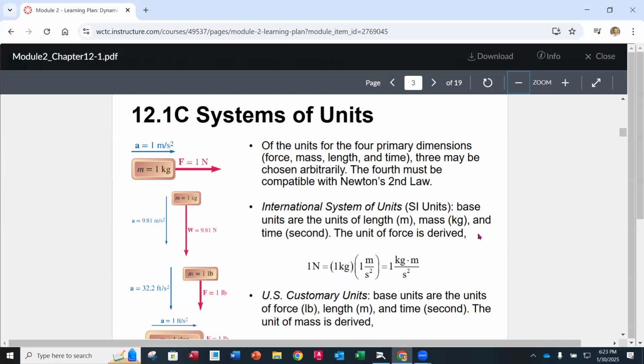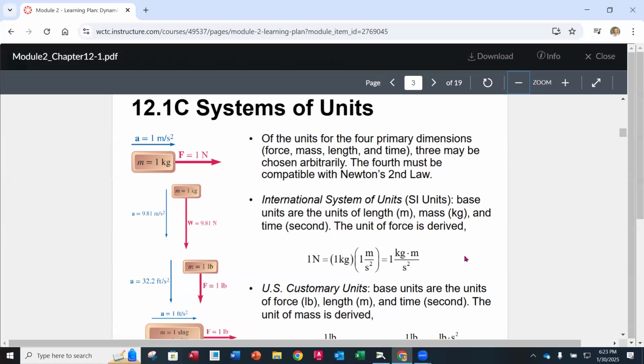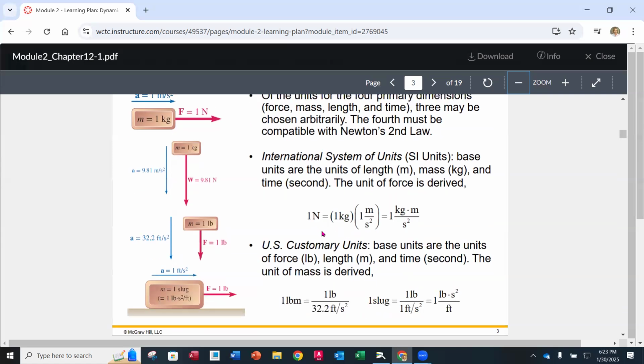So depending on how the problem is set up, and we've come across this many, many times, the one unit that I want to focus on here is the Newton. The Newton is the unit for force in the metric or the SI system. And the Newton expanded out is a kilogram meter per second squared. So these are the actual expanded units, but in honor of Sir Isaac Newton, that unit is called the Newton.